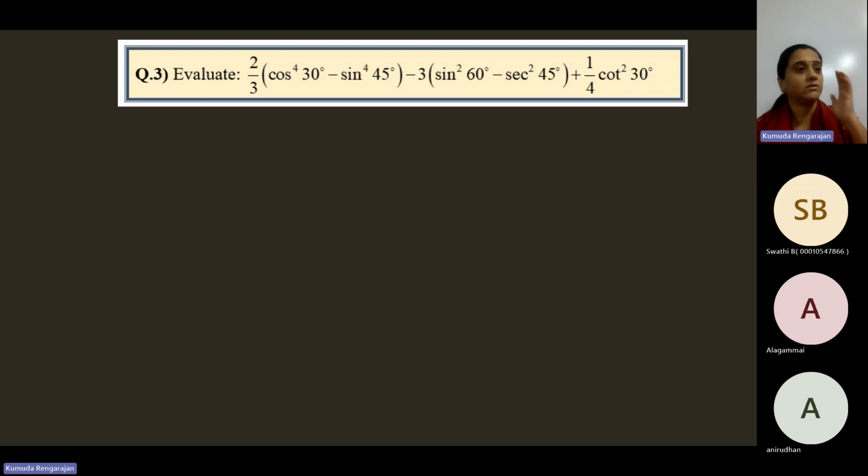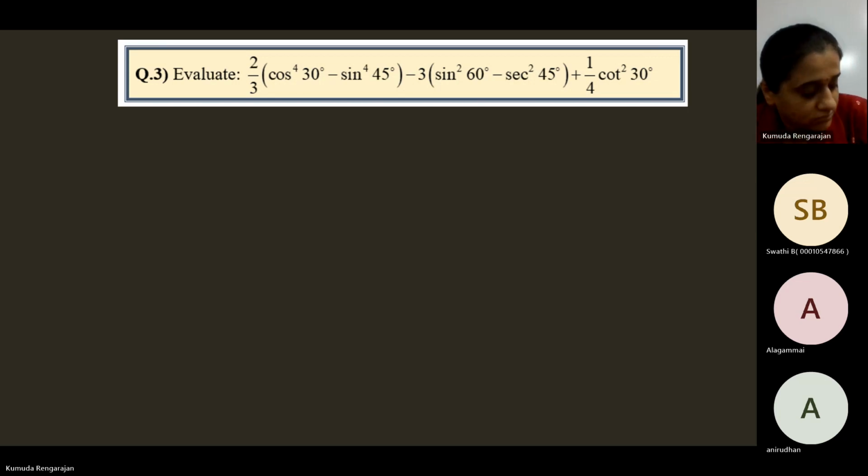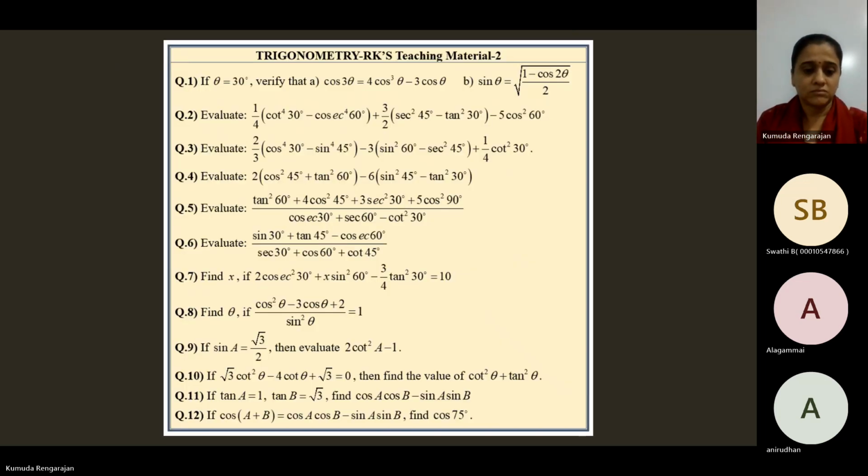Got it? 113 by 24. Very good. Do the last one, the 12th one.